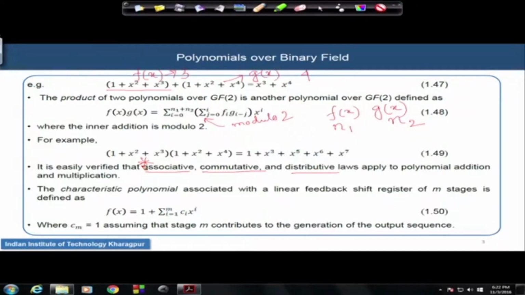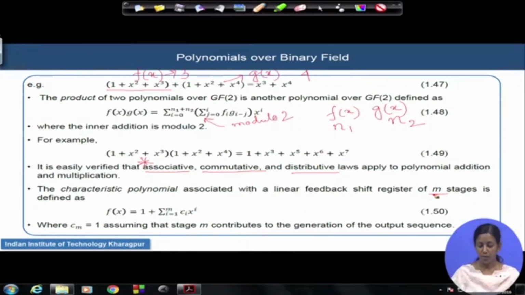For our linear feedback shift register, which has m stages, the characteristic polynomial is given as 1 plus the sum over all the stages, where inside the summation there is a multiplication term of c_i into x to the power i. c_i, we understand, are all the feedback switches that we have earlier discussed.